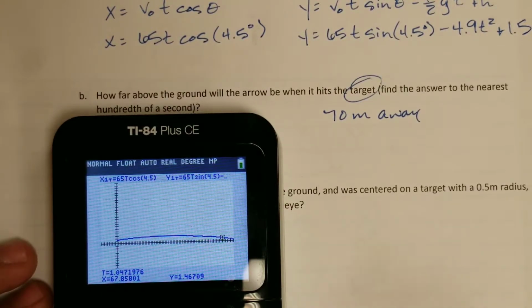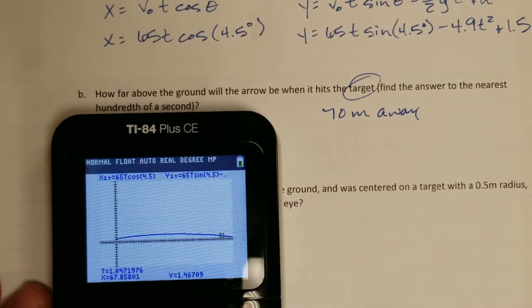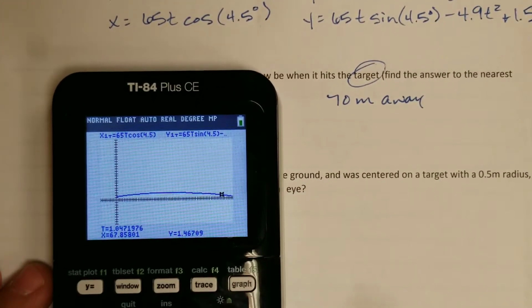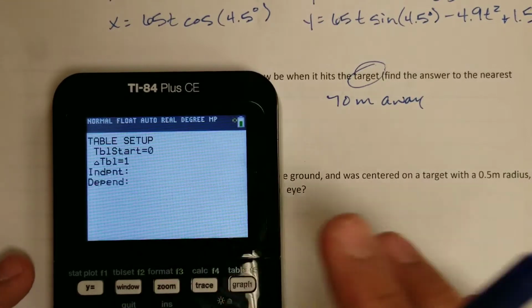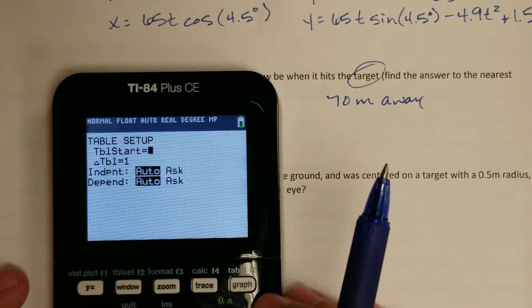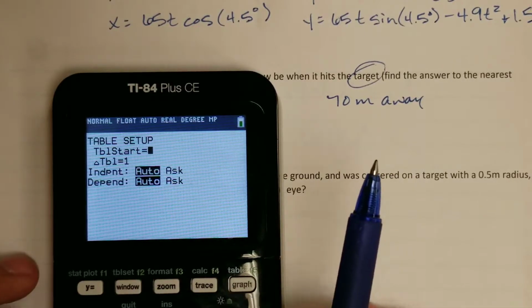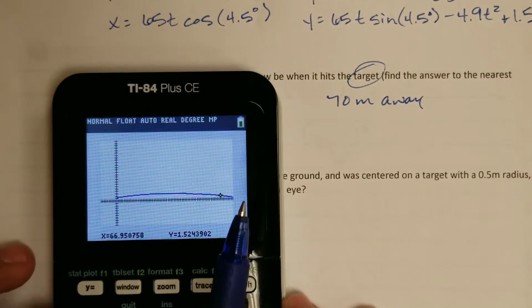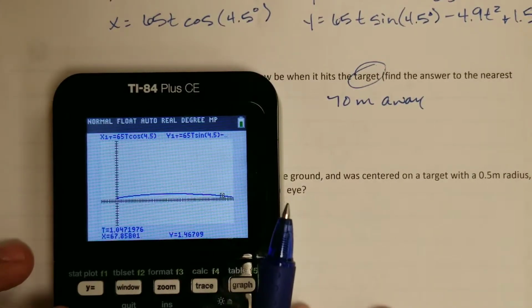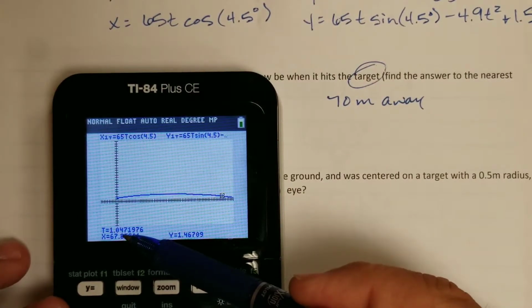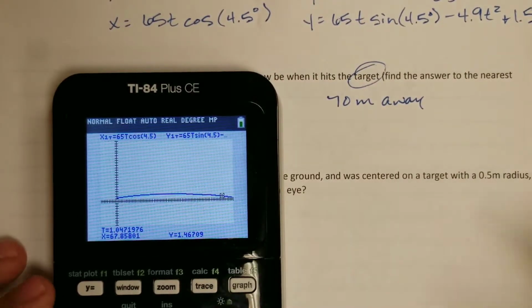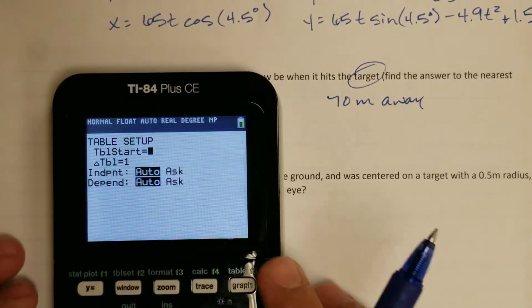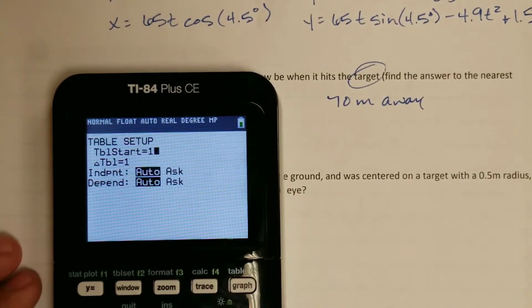So what I'm going to do is use table set. If you hit second window, wait, I'm going to go back because I don't remember my seconds. There it was. I'm at 1.05 seconds. So I'm going to go second window and let my table start be 1.05. And then my change in the table, I'm going to do 0.01.